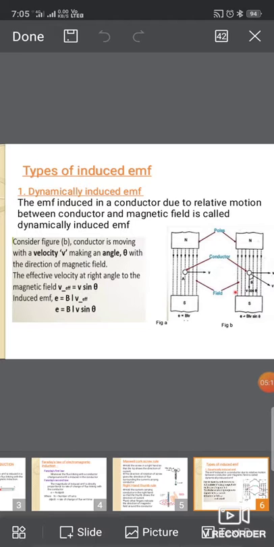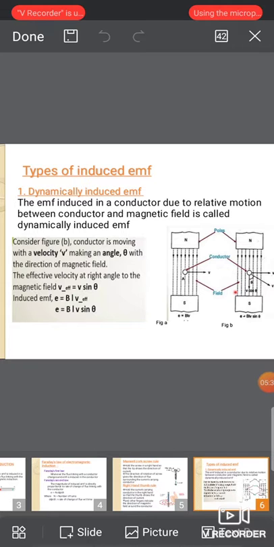Consider figure A. There are two magnets having polarity N and S, and the conductor is placed in a magnetic field. If there is no motion between the conductor and the magnetic field, no EMF will be induced in the conductor. Now see figure B.